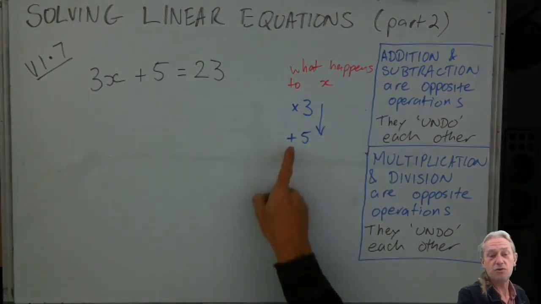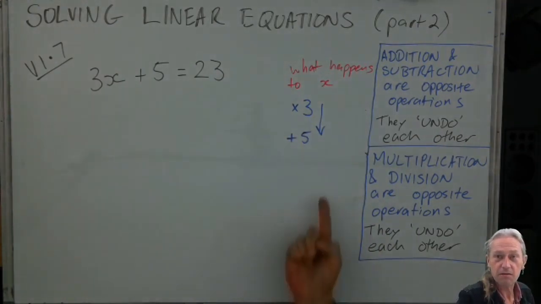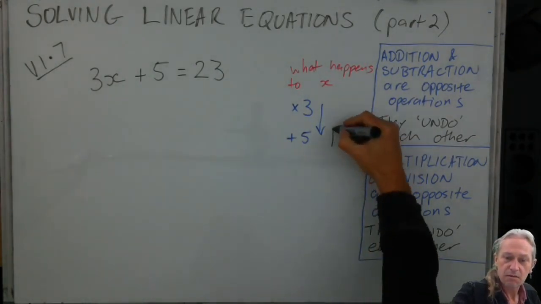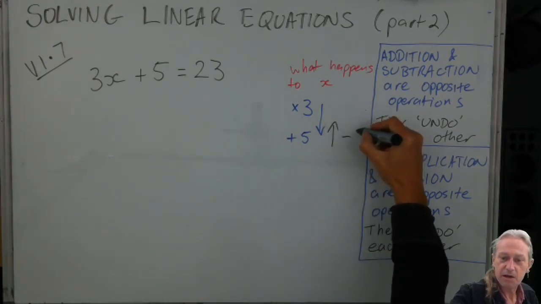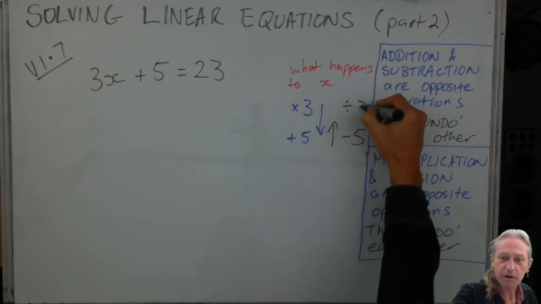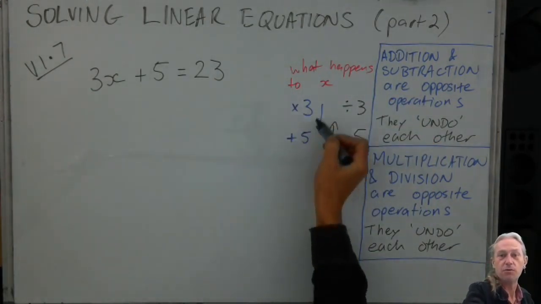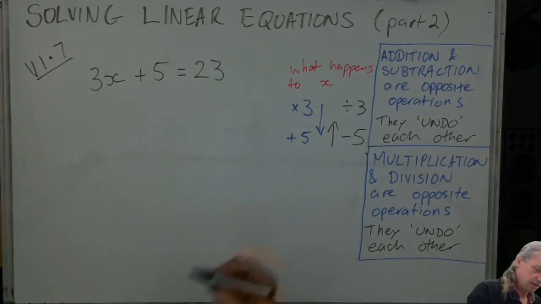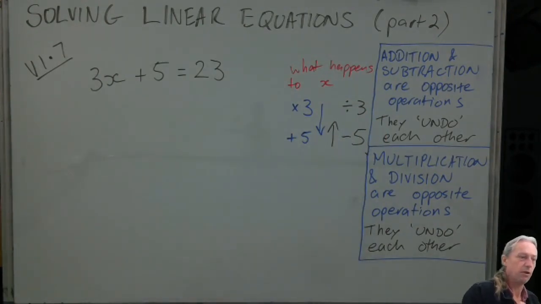So to undo this, we need to go backwards in this direction. So the first thing we're going to do is subtract 5, and then we're going to divide by 3 to undo these things happening to the x.